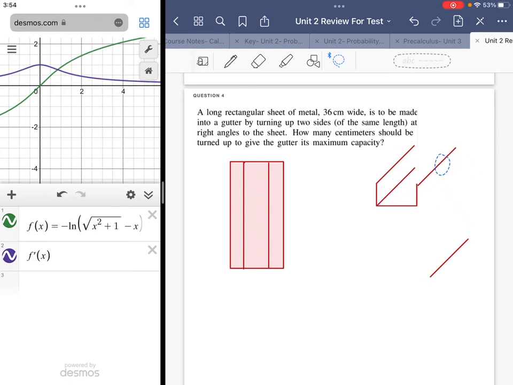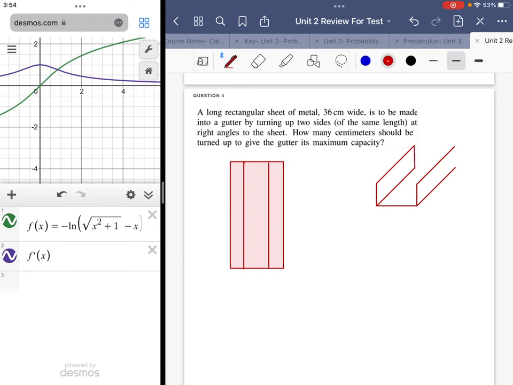Now we don't know how long the sheet is, so we have to kind of work around that. But we do know some other pieces of information. Oh, actually, it would be open-topped. It just looks kind of incomplete that way.